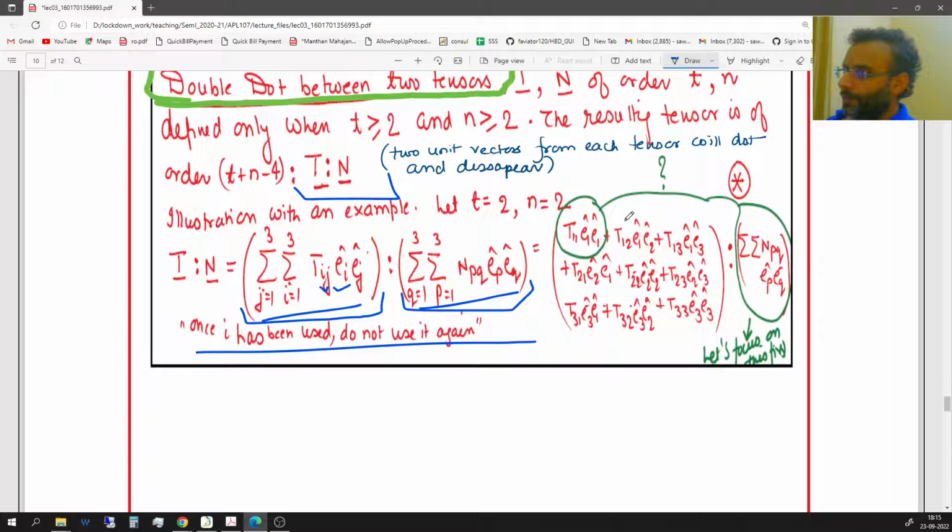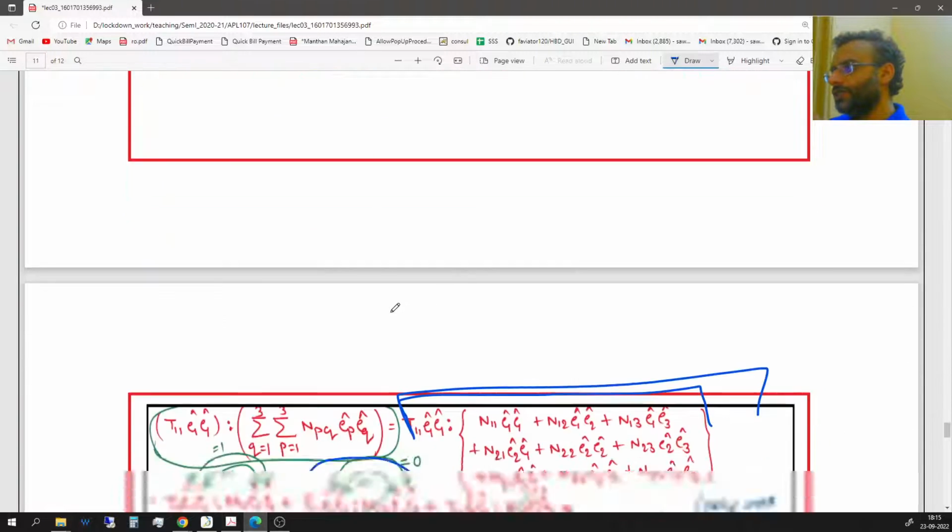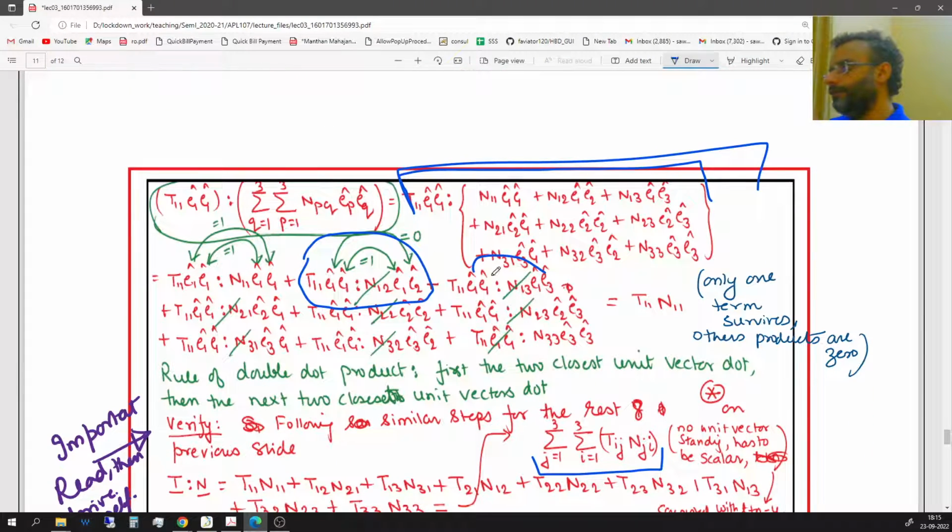Now keep in mind that you have to do this for the other 8 terms of the T tensor. But every time you take one term from the T tensor and make it double dot with the full n tensor, you will get only one survivor, just the way you got one survivor here. You can verify that.